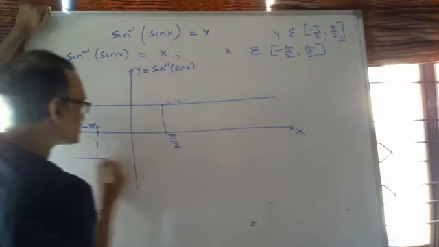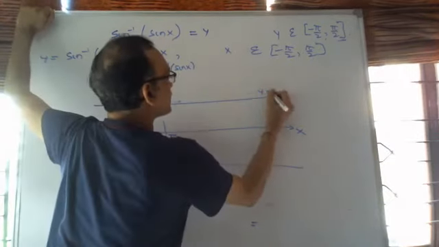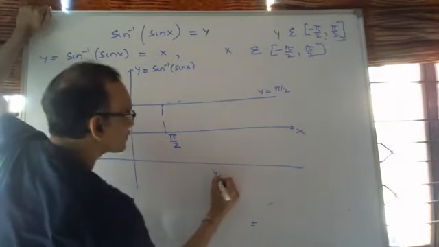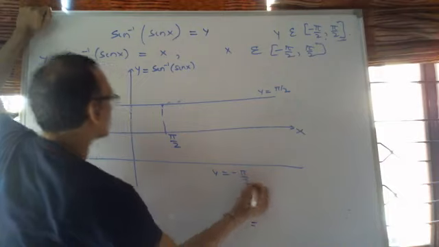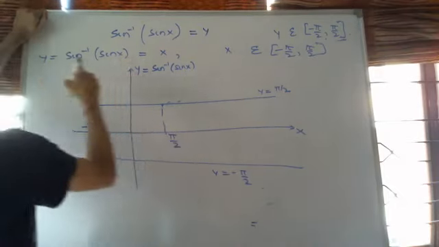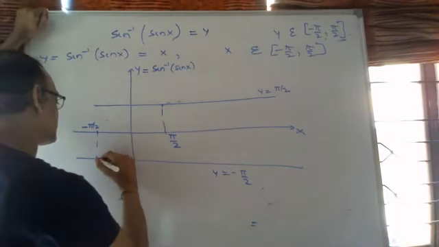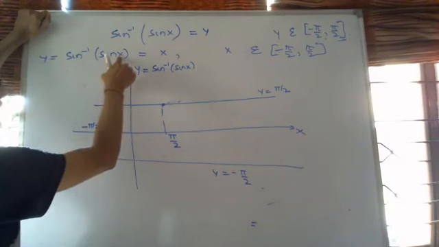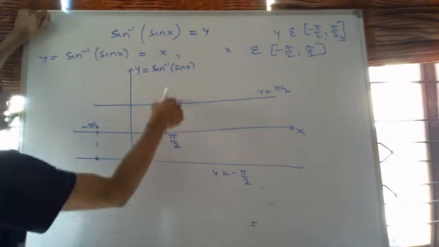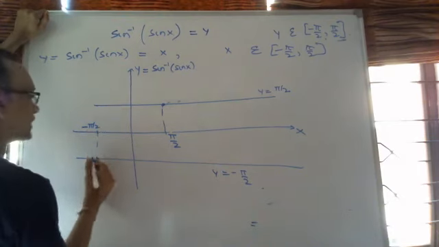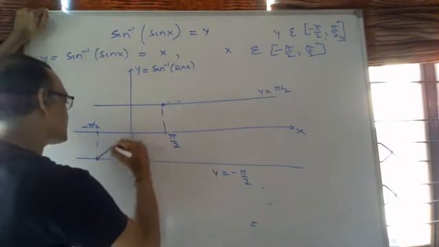Whatever this sine inverse is, y lies between pi by 2 and minus pi by 2, because y is sin inverse of something. And in the interval minus pi by 2 to plus pi by 2, y is x. Now look, if you put x as 90 degrees, you get plus pi by 2, and if you put minus 90 degrees, you get minus pi by 2. y is x.